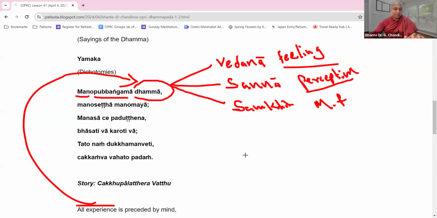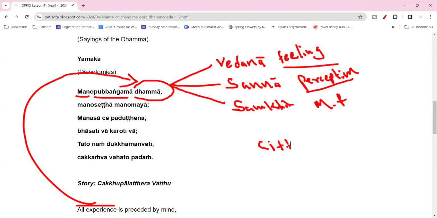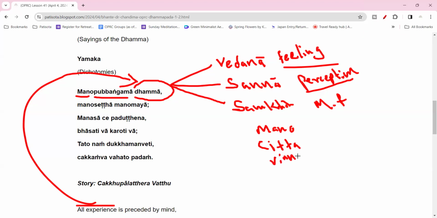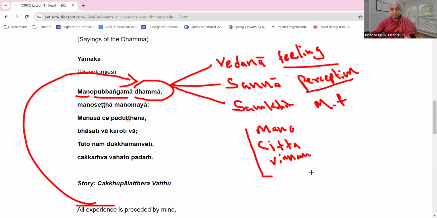In Pali, we have three words for the mind, whatever the things about the mind. One is Chitta, Mano, Vijnana. Let's start from mano. Mano, chitta, and vijnana. Three words for the mind. Mind and its operations, actually. When you say mano, it is the thinking faculty in one sense.